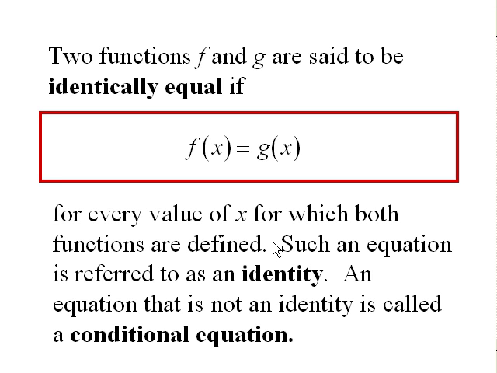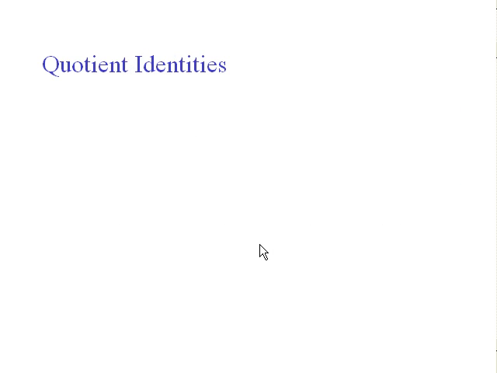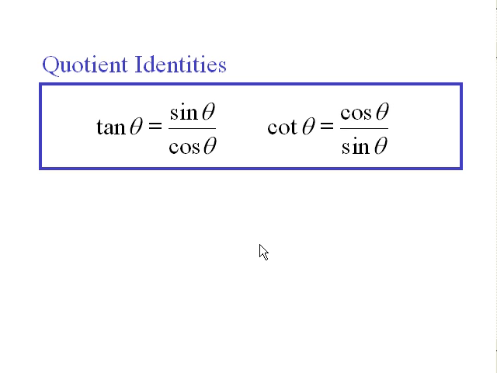So, lots of facts about trig have been cast as identities so far. For instance, we talked about the quotient identities. That captures the fact that tangent and cotangent can be written as fractions involving the other trig functions sine and cosine. Also, we had the reciprocal identities.